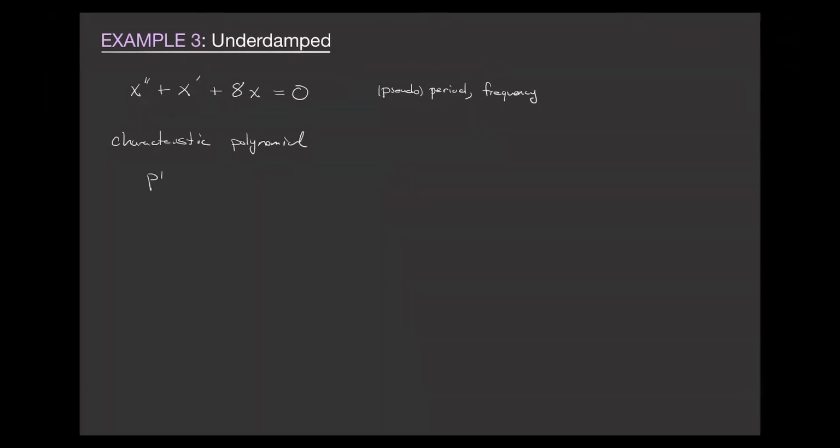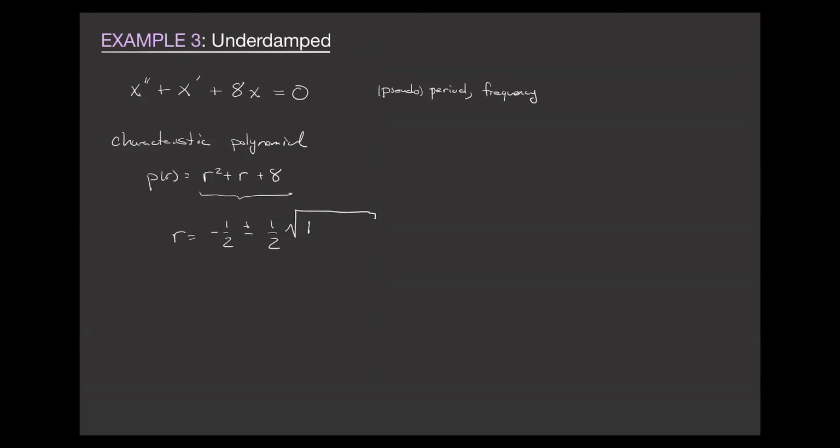That is the polynomial r squared plus r plus 8. I'll use the quadratic formula on this. That'll give us r is equal to negative 1/2 plus or minus 1/2. And I've chosen this so hopefully we get something that's a complex number.